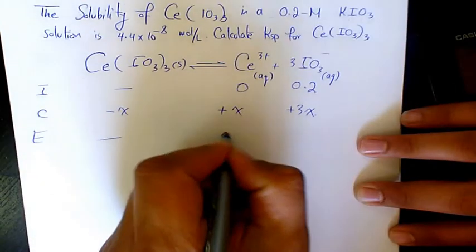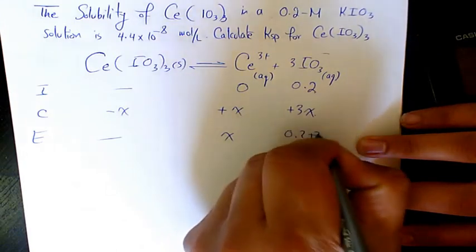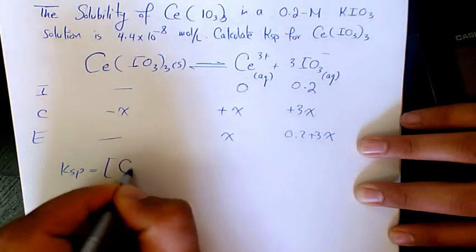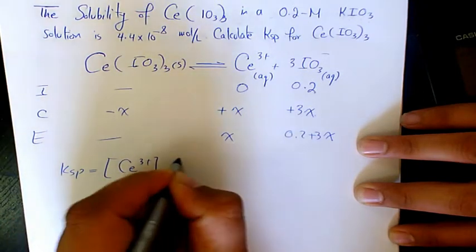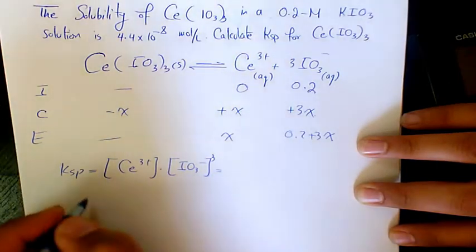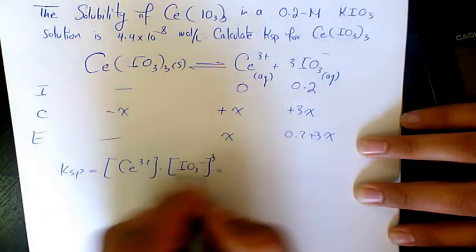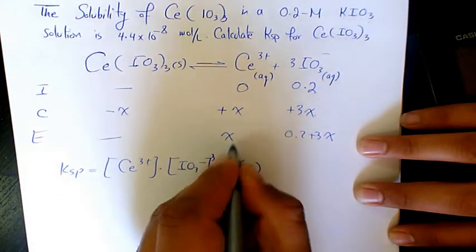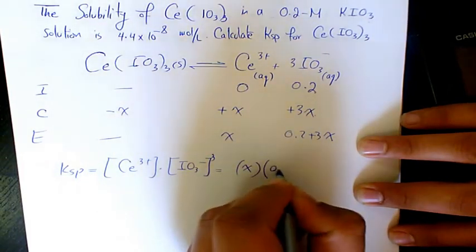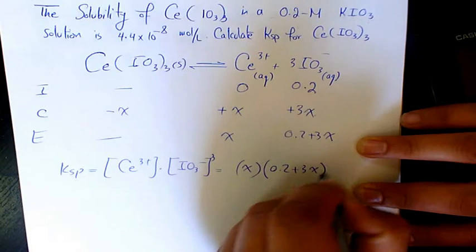In equilibrium is going to be x, and here 0.2 plus 3x. So Ksp will be the concentration of Ce3 plus times iodate to the power of 3. Cerium is going to be x to the power of 1, and iodate is 0.2 plus 3x to the power of 3.